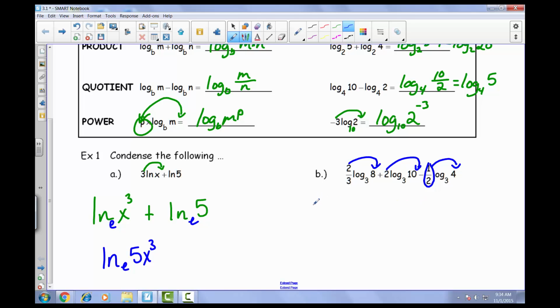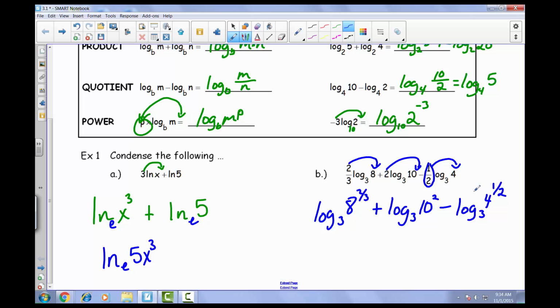So using the power property, we have the log base 3 of 8 raised to the 2/3 plus the log base 3 of 10 squared minus, again we didn't take the minus sign, log base 3 of 4 raised to the 1/2.